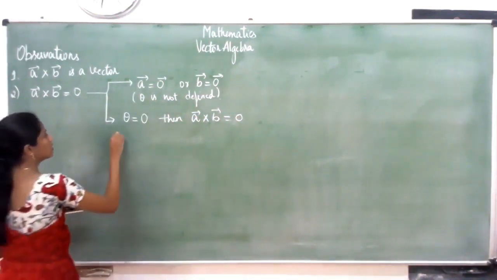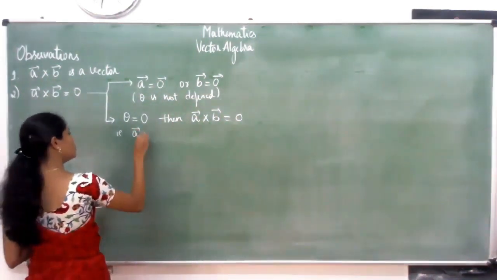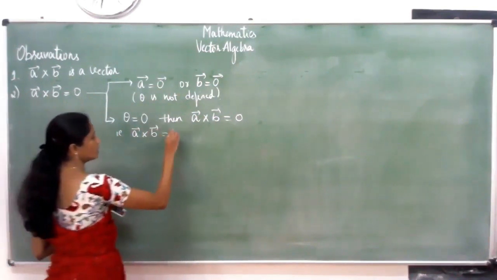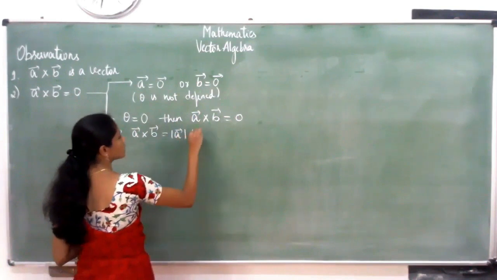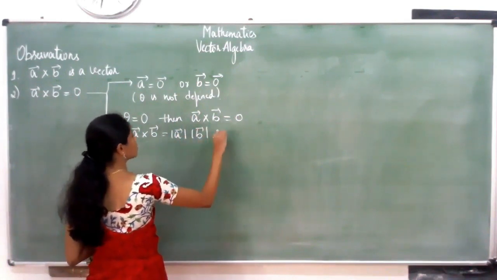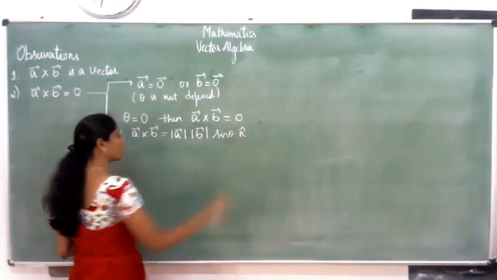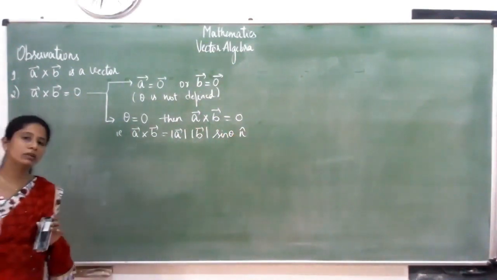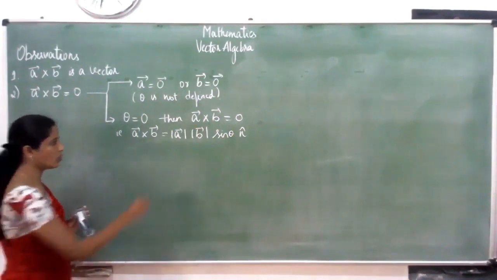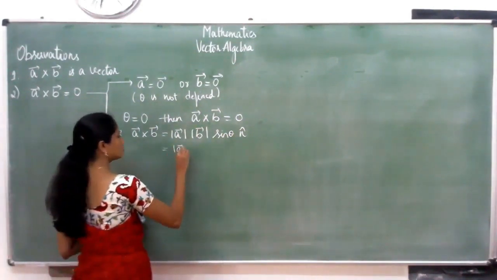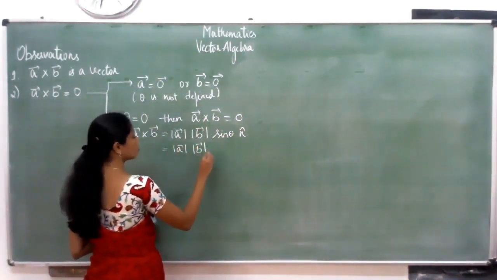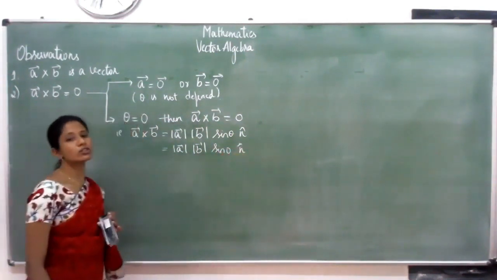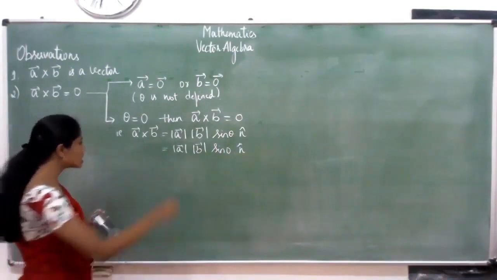See here, we know that vector A cross vector B is equal to magnitude of vector A into magnitude of vector B sin theta into n cap. In the case where the angle between the two vectors is 0, then magnitude of vector A, magnitude of vector B, sin 0 into n cap. What is the value of sin 0? It is 0.